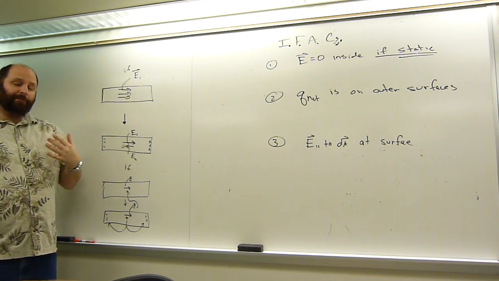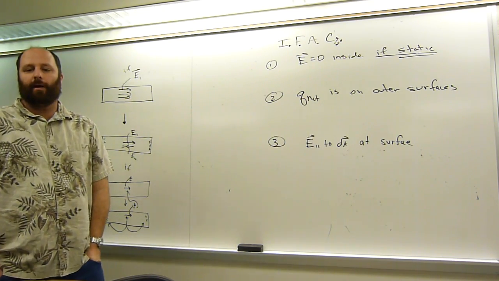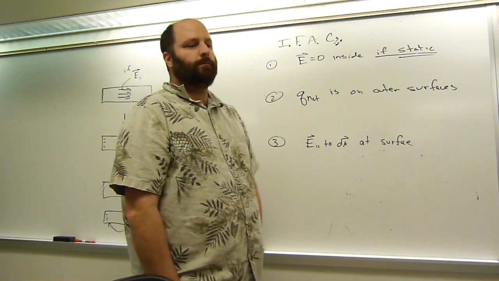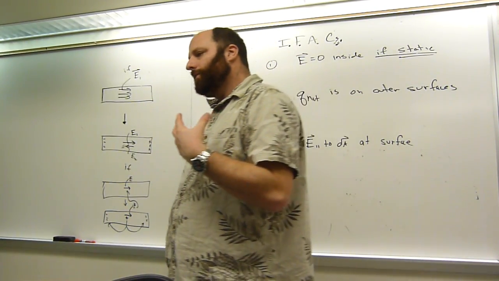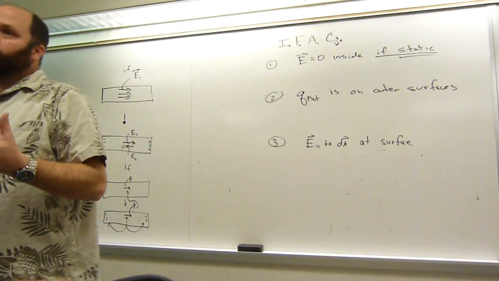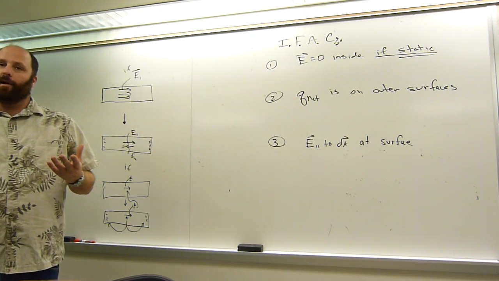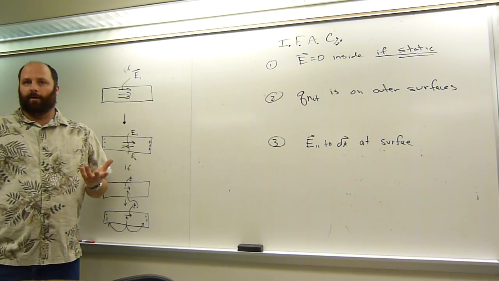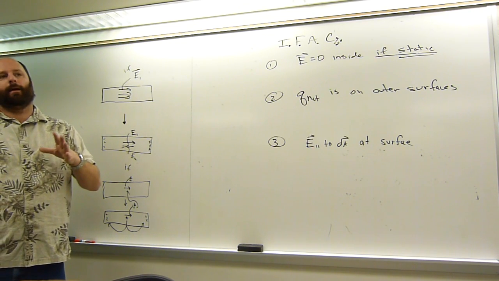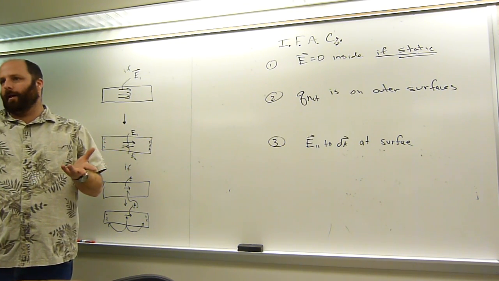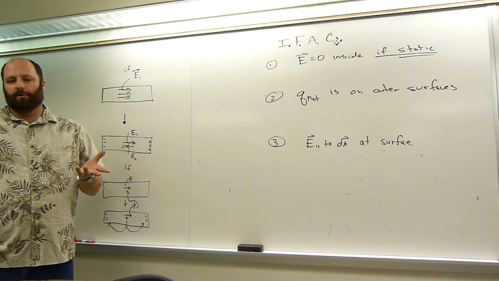Now, if there is a field inside of that aluminum, that's going to create forces on the charges within it. And there is an astronomical amount of charge free to move. Again, I always go back to Avogadro's number, 6 times 10 to the 23rd power.